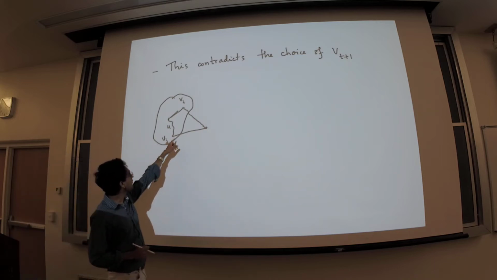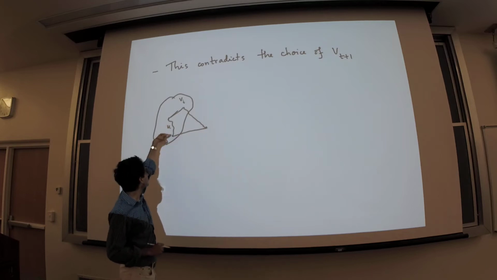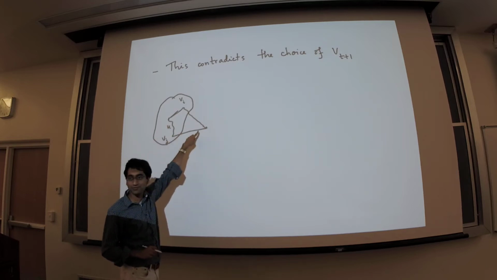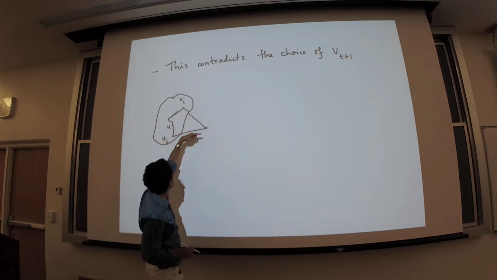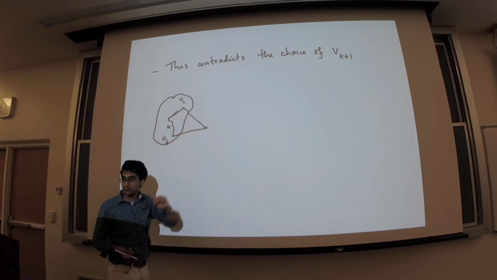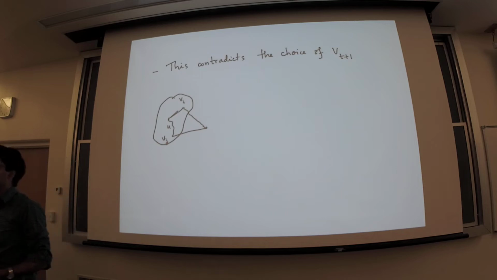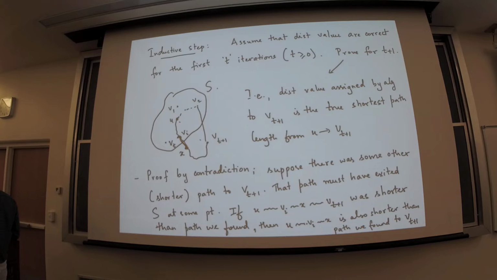Since you are doing this procedure for each edge going out, this would have been one edge, so you would have computed the distance from U to Vj plus the length of this edge. And this is another edge going out, so you would have computed the distance from U to Vi plus the length of that edge. And you will pick the shorter of the two. So the same argument works even if these were the same. These are all good questions, in the sense that you should think about extreme cases like this.